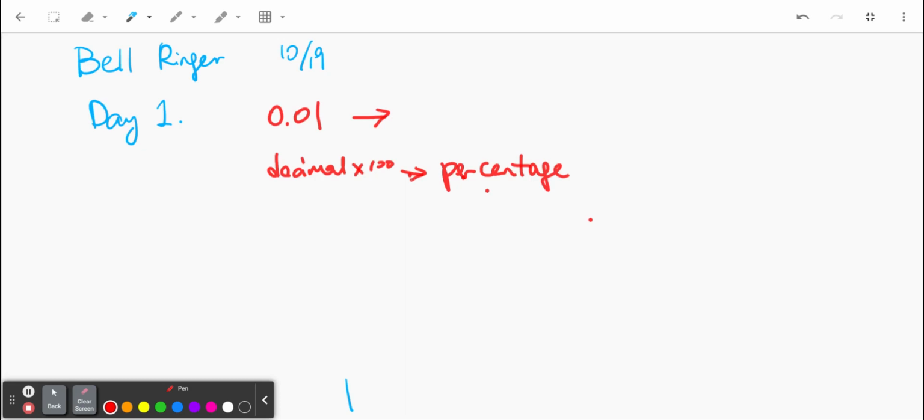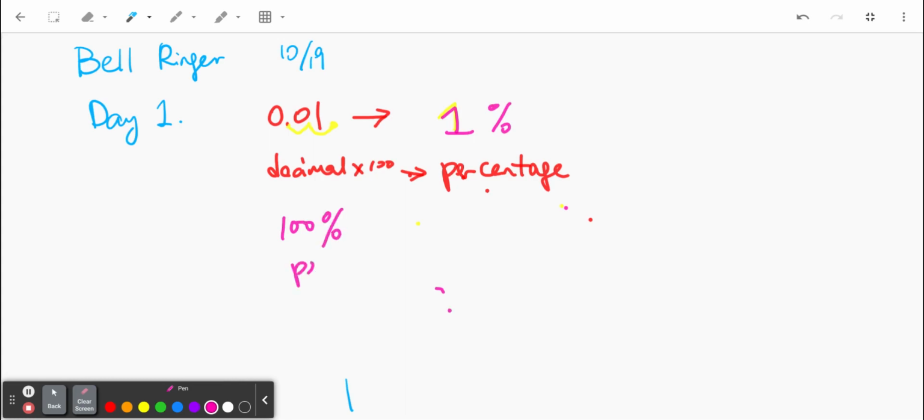So 0.01 times 100, you move your decimal two places to the right. So it'd be 1%.